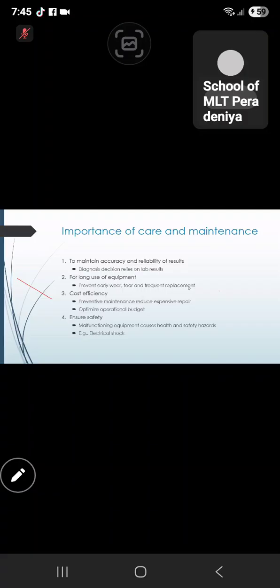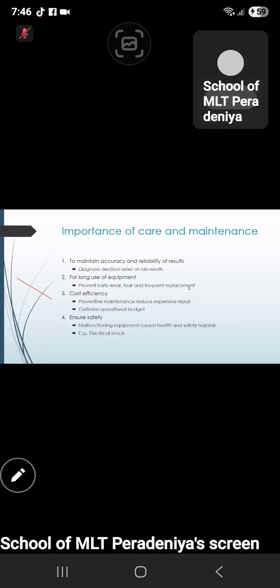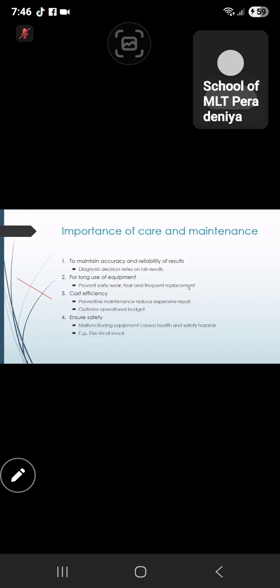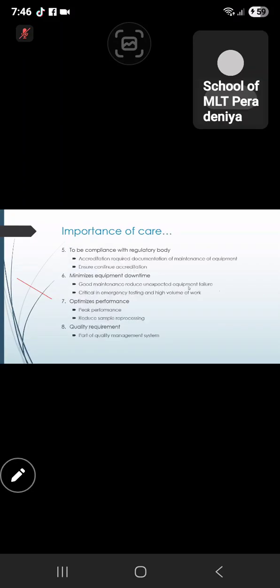The other one is to ensure safety. If the equipment is working properly, it is safe for us. Otherwise, due to electrical failure or electrical shock, or maybe a part suddenly coming off the equipment, there can be physical damage or physical harm. Those things can be avoided by proper maintenance, right? There are some more.